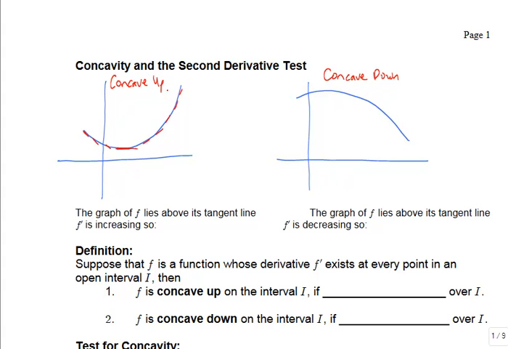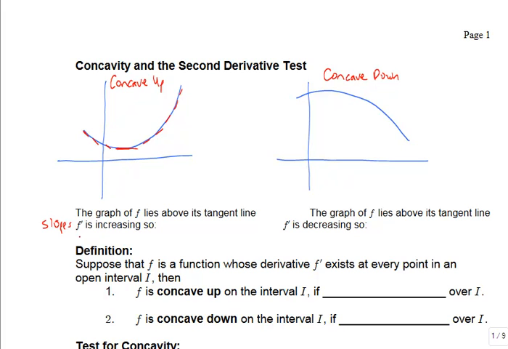So these slopes, which are also known as the first derivative, are increasing as we go from left to right, because they're going from negatives through zero and up through positives that are getting larger and larger.